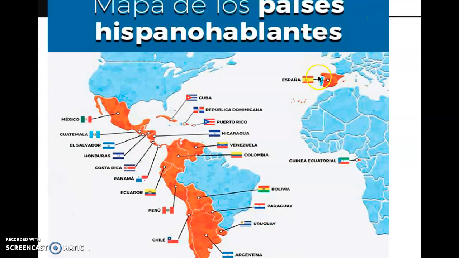Tenemos España, Guinea Ecuatorial, y aquí todo esto, Cuba, República Dominicana, Puerto Rico, Nicaragua, Venezuela, Colombia, etcétera, etcétera, etcétera. Sí, hay muchos países hispanohablantes en Europa, en África y en Centroamérica y el sur de América. ¿Ok?